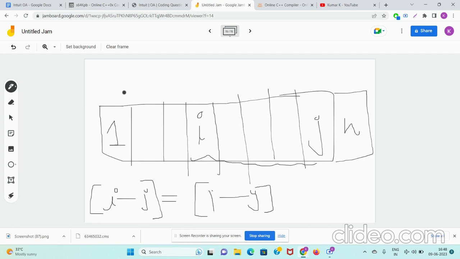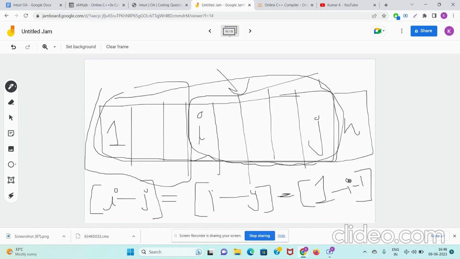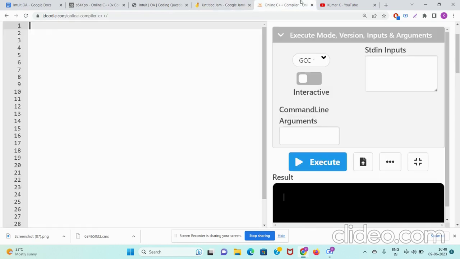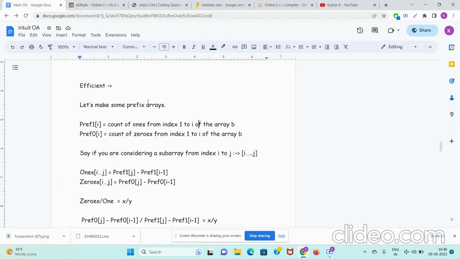First you calculate the number of ones from 1 to j. This is very easy. Then subtract the number of ones from 1 to I minus 1, and only this much part will be left. Got it, guys? Can you visualize? So the number of ones from 1 to j minus the number of ones from 1 to I minus 1.